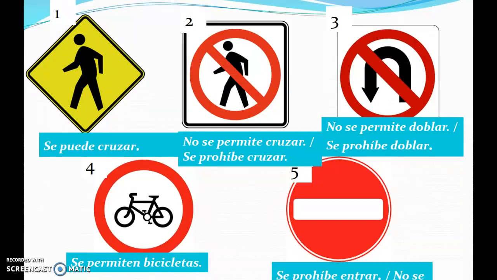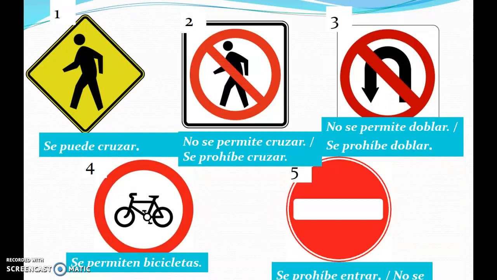No se permite doblar o se prohíbe doblar, se permiten bicicletas y se prohíbe entrar. Se prohíbe entrar. O sea, no se permite entrar. Okay, so all of these constructions that are used actually use the impersonal se.